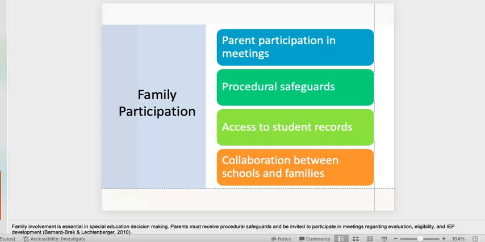Research shows that when families are actively involved in the education process, students with disabilities often experience improved academic outcomes and stronger educational support systems. This is from Bernard Brack and Uthenberger, 2010.